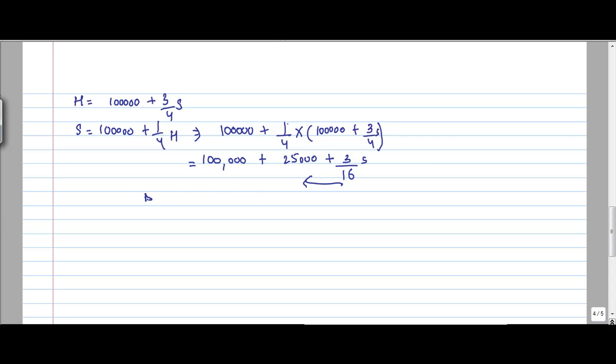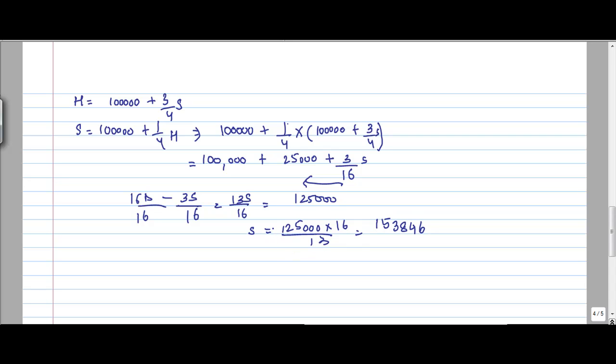So you get S minus 3S by 16, or this can be written as 16 upon 16 S minus 3S upon 16, which is 13S upon 16 is equal to 1,25,000. If you solve this equation, you get 1,25,000 into 16 divided by 13, which will give you, please solve it at your end, 153,846.